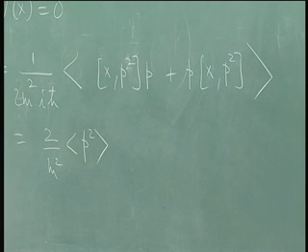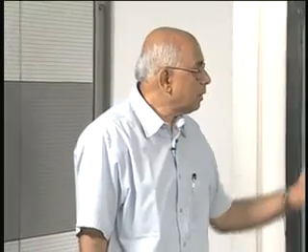Okay. So actually you have a very simple result now. The second derivative of the square of the position for a free particle is just 2 over m squared times the expectation value of p squared, but the expectation value of p squared over 2m is just the energy for a free particle.